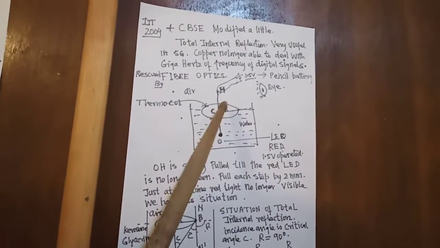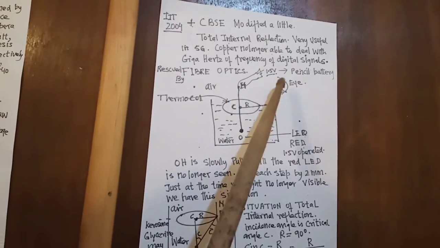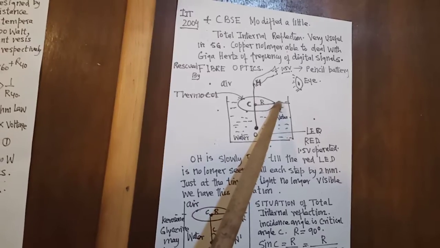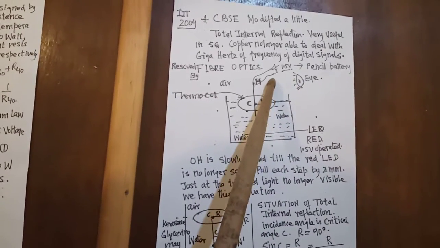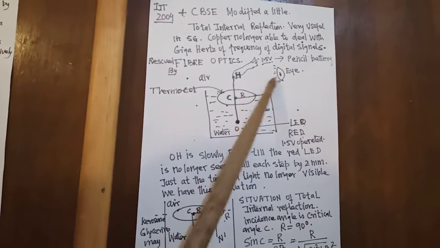See, you pull OH up. You look from here and you will see this ray will come here and hit your eyes. This ray will come here, and because this is less dense than this optically denser medium, it will go like this.